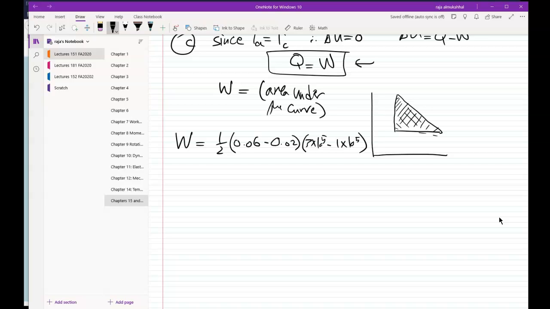And then we just do the calculations, and you end up getting 8 times 10 to the 3rd joule for the work. And therefore, Q, which is equal to W, is going to be the same number, correct? Joule.